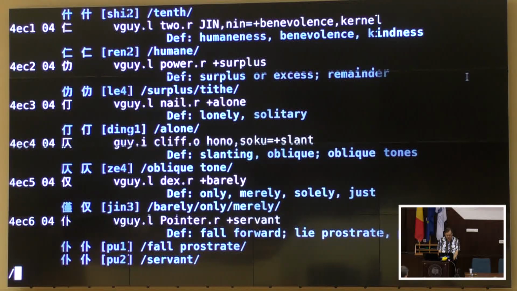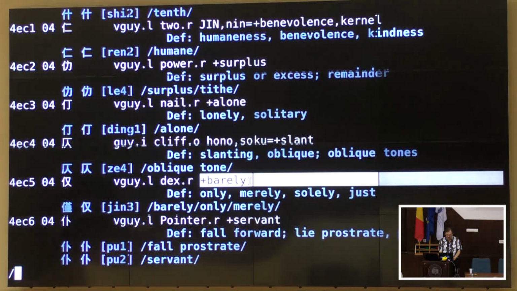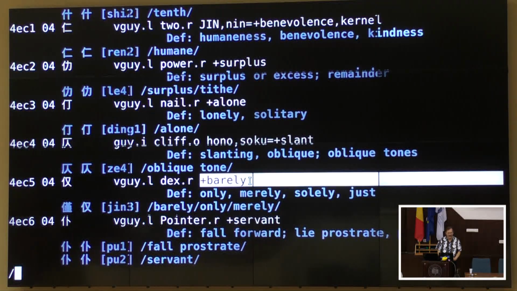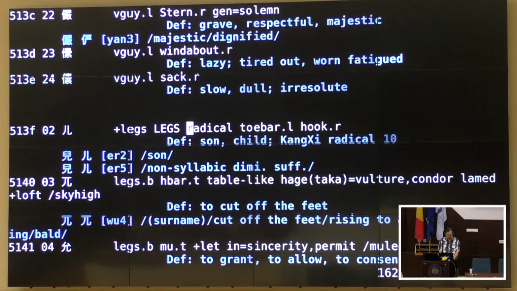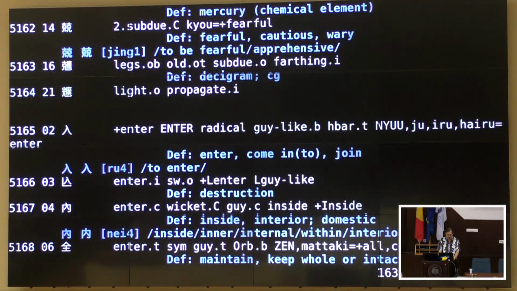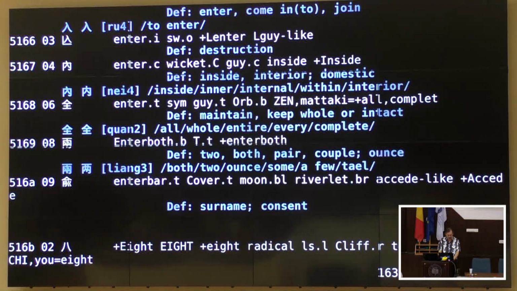Okay, so whenever I want to declare a new term, that's like a my. It declares that is a new symbol, and that is the name for that character. The radicals are all marked radical, and so there's enter, which looks a lot like person but isn't.